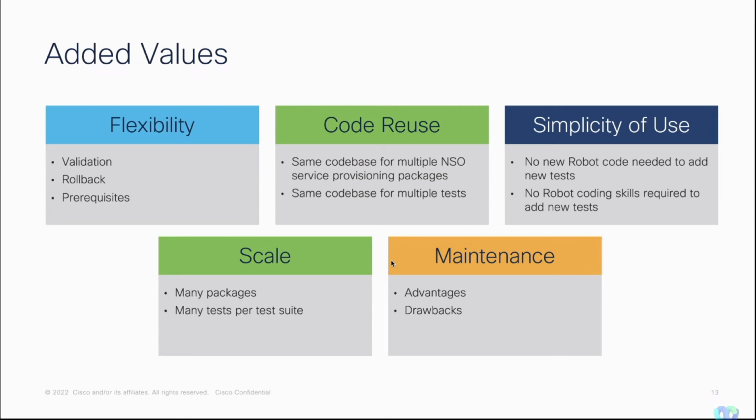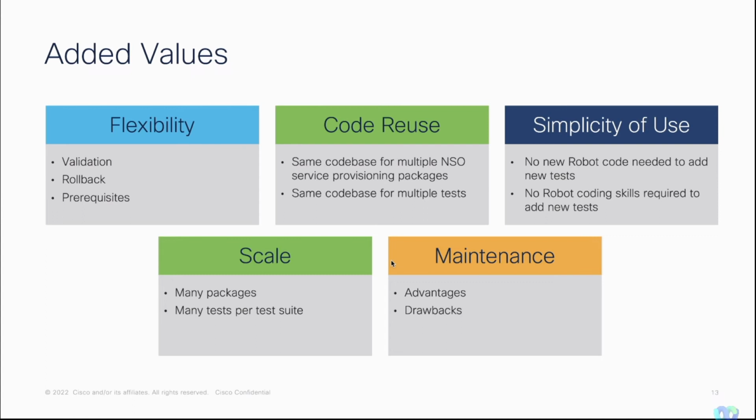We are using the same code base for multiple NSO service provisioning packages, and for testing the same package multiple times, right? And also simplicity of use, because since we leverage the same code base for all the test cases, there is no need to create new robot code, new robot scripts, to add new tests, as long as, of course, the package can be tested with this approach.